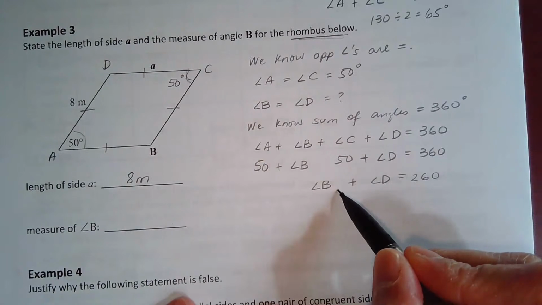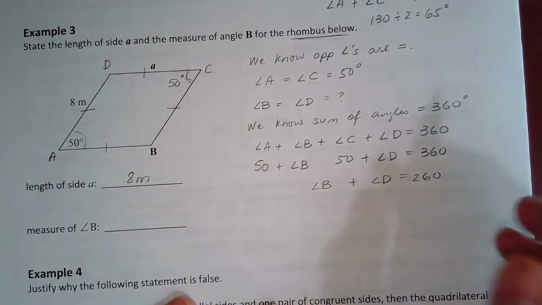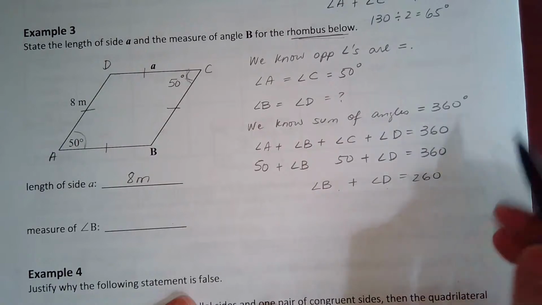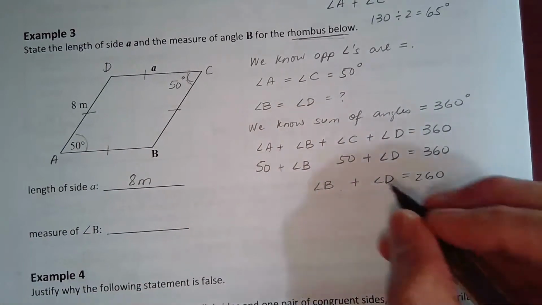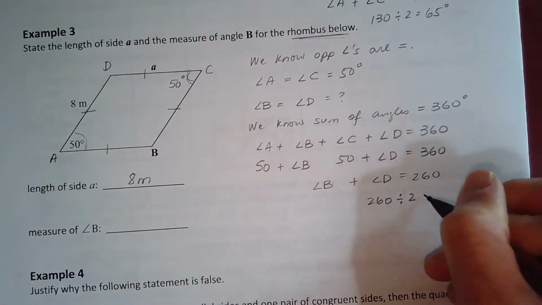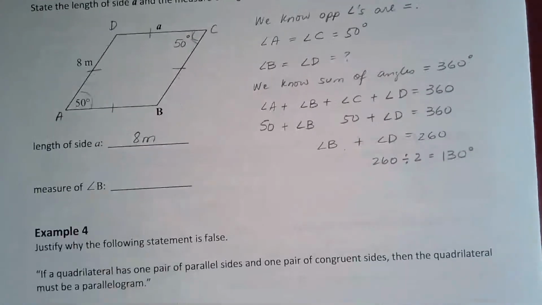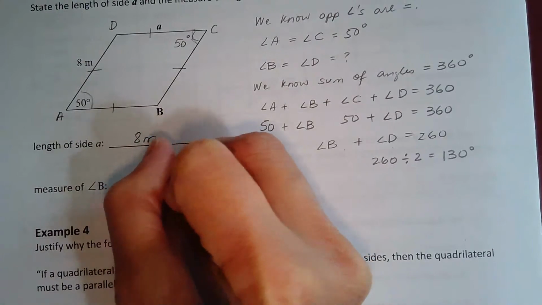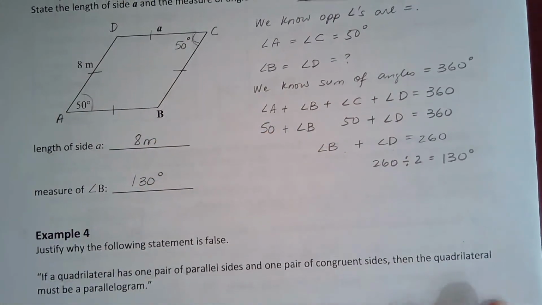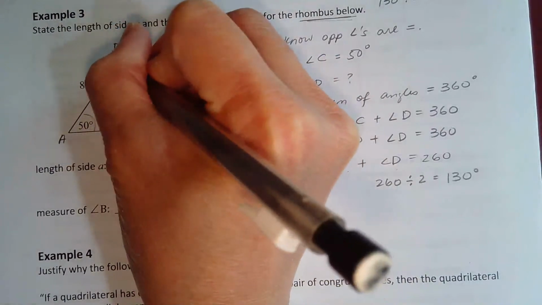And we know angle B and angle D are equal. So we can split these 260 into two equal sizes. Therefore 260 divided by 2 is 130 degrees. So this is 130 and 130.